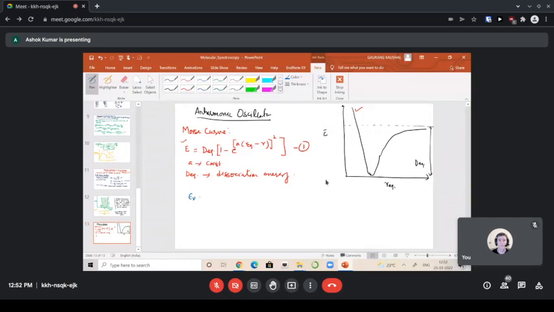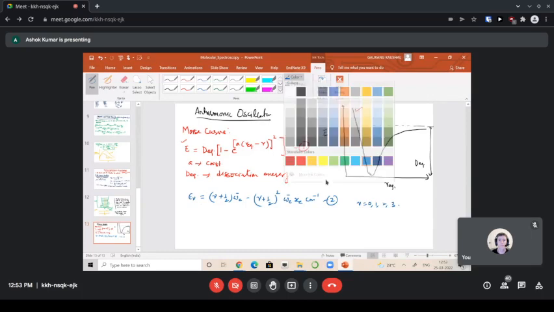So vibration energy will be equal to (V plus half) omega E bar minus (V plus half) square omega E bar XE centimeter inverse, where V is equal to 0, 1, 2, 3. So this is assignment number 1.